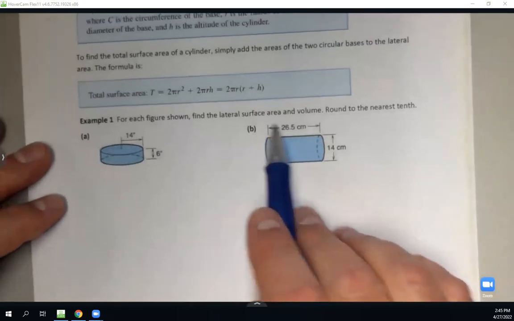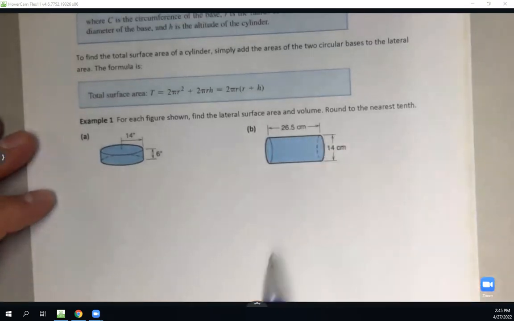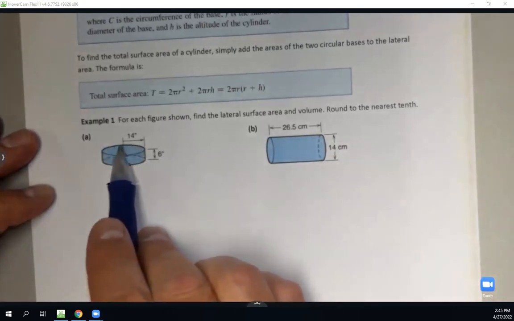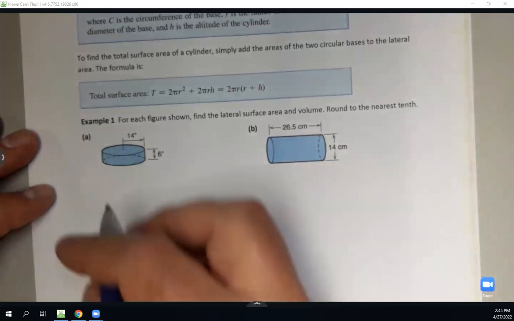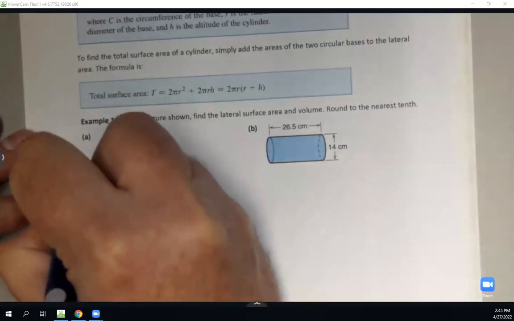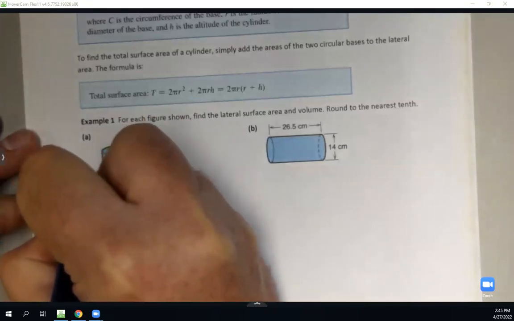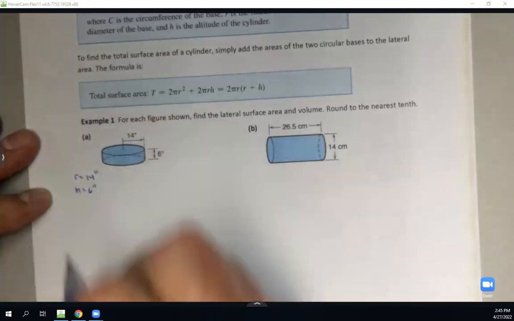We need to find the lateral surface area and we need to find the volume. So to find the lateral surface area, I need to find the circumference. Now, what I know at the moment is that the radius is 14 inches, and I know that the height is 6 inches.